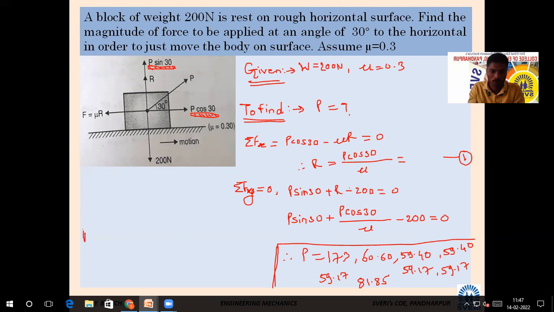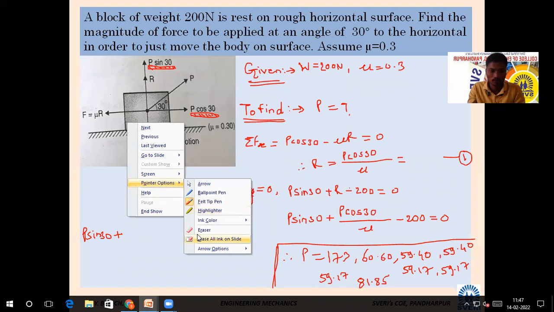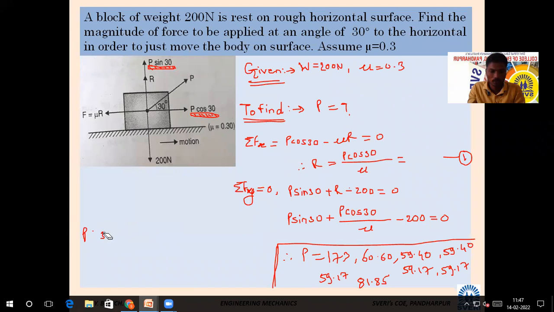So here p sin 30 plus p cos 30 divided by mu. What is the value of sin 30? Sin 30 is half. Okay, it will be half.